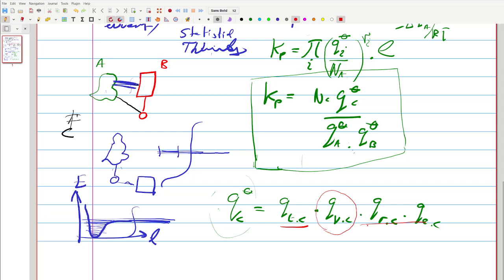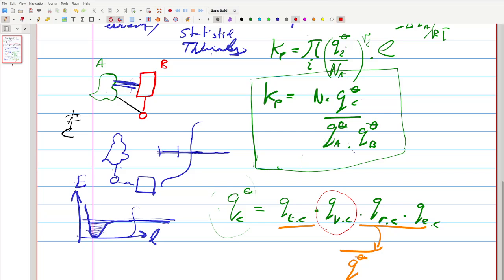And we use a single letter for this term, Q bar, which is equal to q translational times q rotational times q electronic. The product of these three is Q bar. We consider it that way.